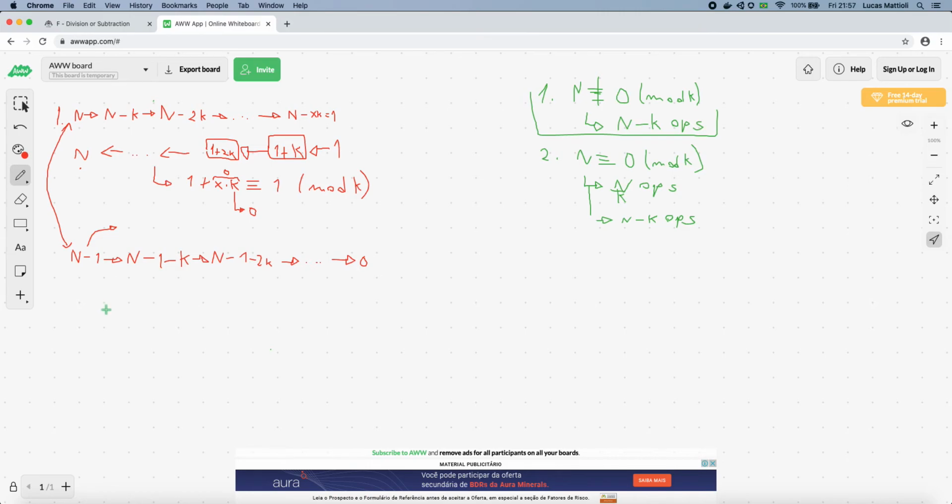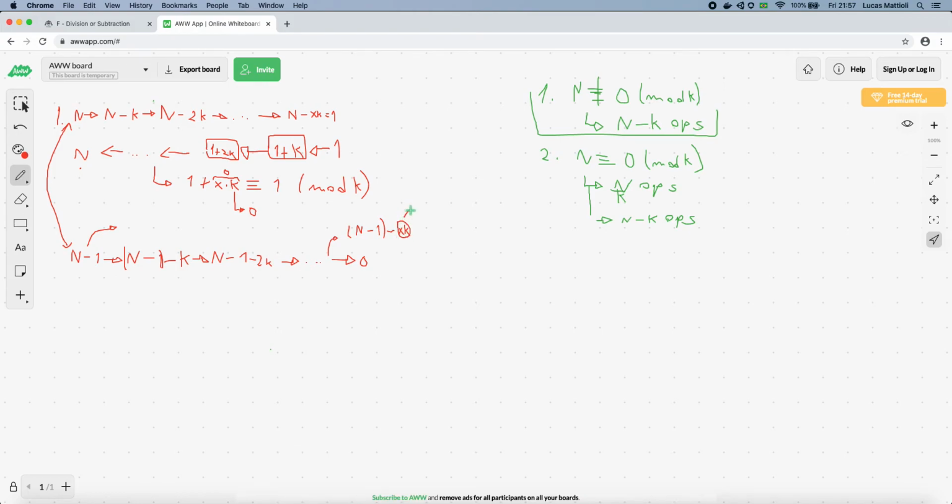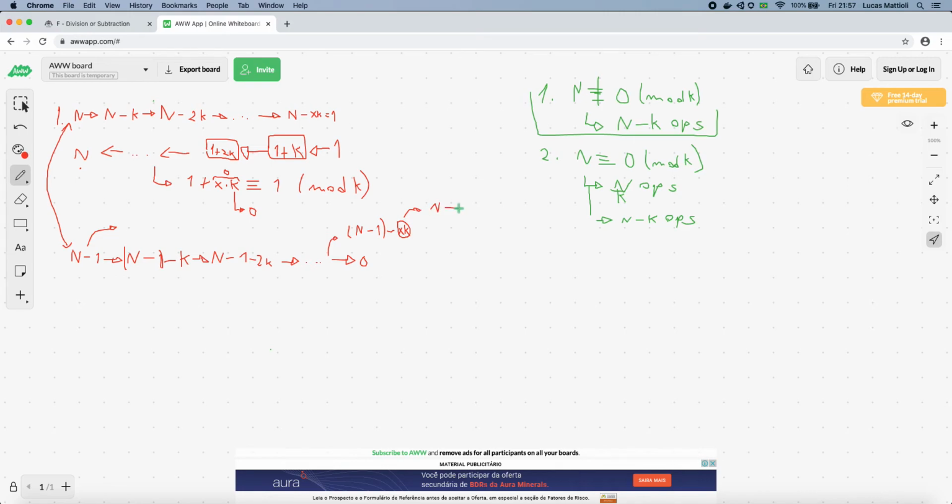Because if they are not divisors of n minus 1, then, after all, what we'll do here is have a value of the form n minus 1 minus xk, and this needs to be equal to 0.